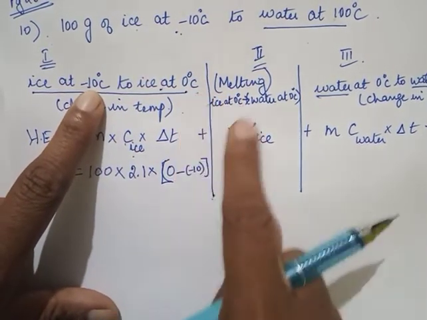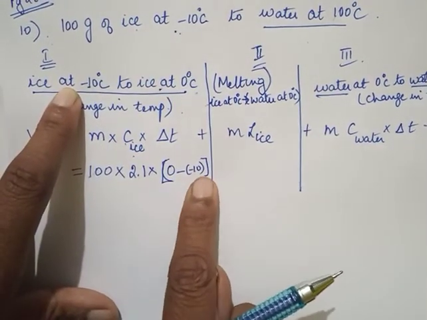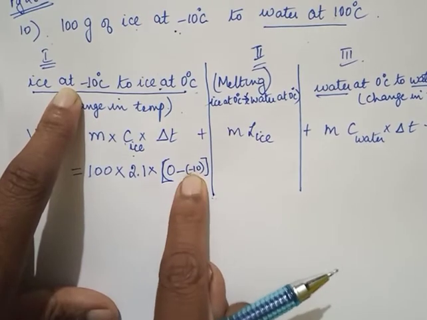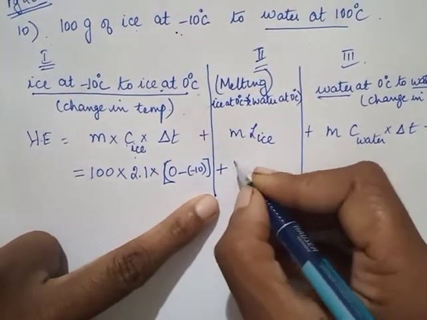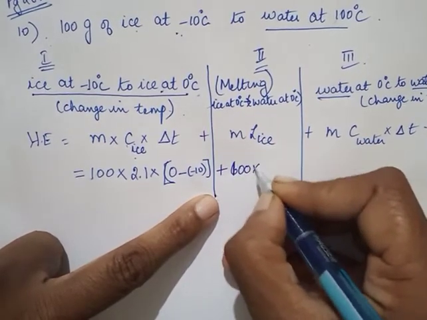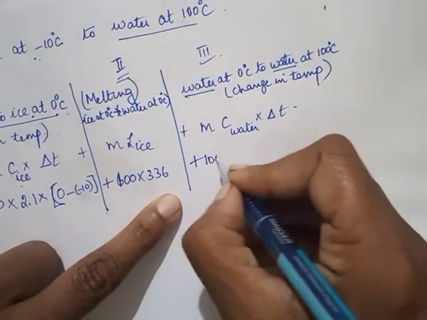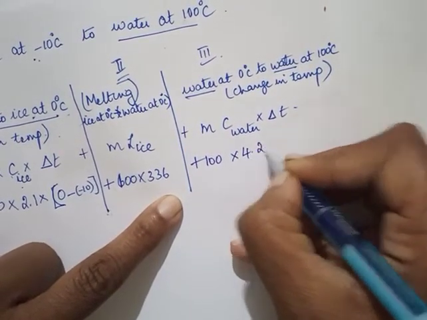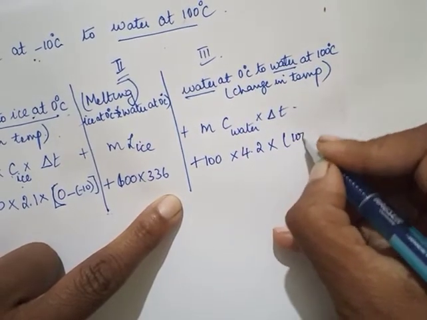So the change in temperature will be 0 minus, final minus initial. Because the initial temperature is already a minus, you will have minus of minus here. Plus m into L of ice: m is again 100 into 336, plus again 100 into C of water, which is 4.2, into del T, the change in temperature here from 0 to 100, so 100 minus 0.